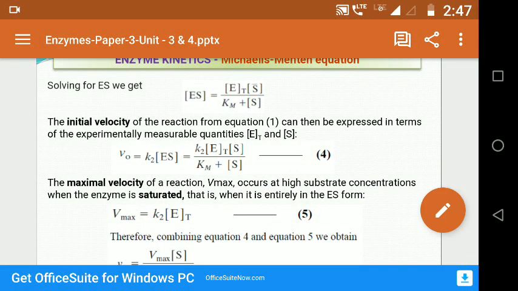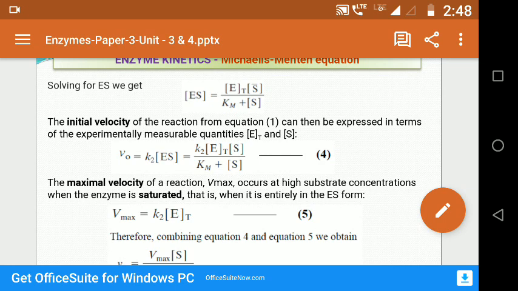So now we have to see the initial velocity of the reaction. Initial velocity of the reaction means when we start the reaction, that will have some velocity, that is initial velocity. At the beginning of the reaction, it will have the initial velocity. So initial velocity is given as V0 equal to K2 into ES.